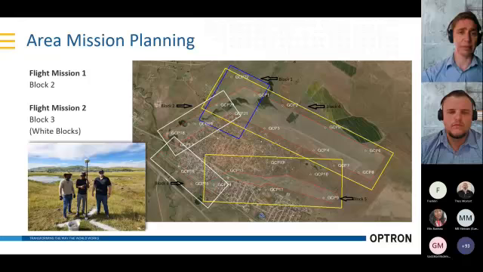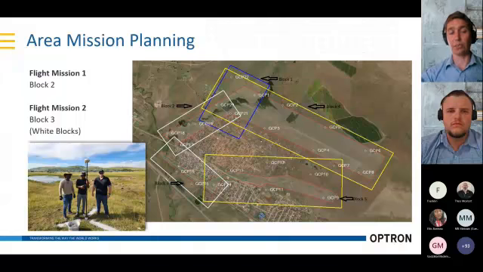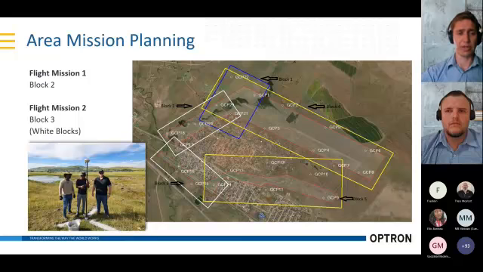All the planning was done in TBC. They really exceeded all expectations. They are comfortable and experienced, and they placed those GCPs and built the ground control points for us.